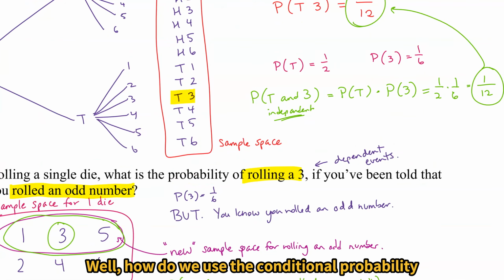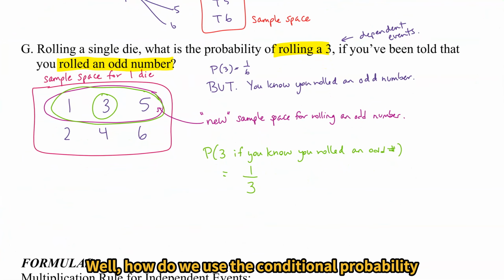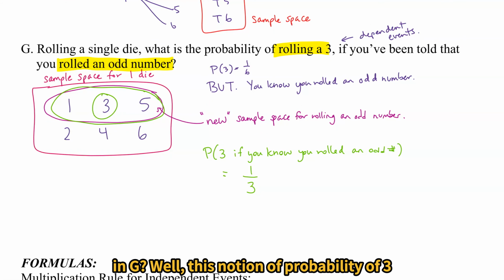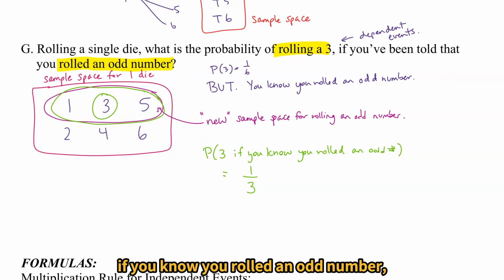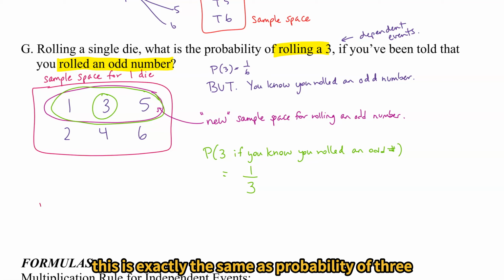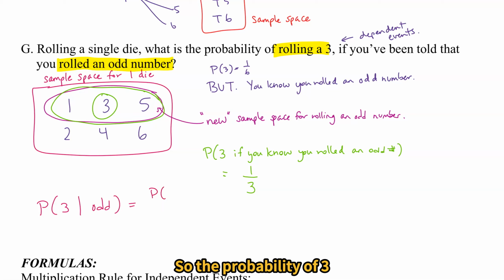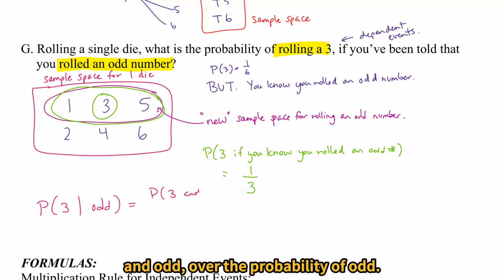Well, how do we use the conditional probability rule on something like this example in G? Well, this notion of probability of 3 if you know you rolled an odd number, this is exactly the same as probability of 3 given odd. You're given you rolled an odd number. Now what's the probability of 3? So the probability of 3 and odd over the probability of odd.